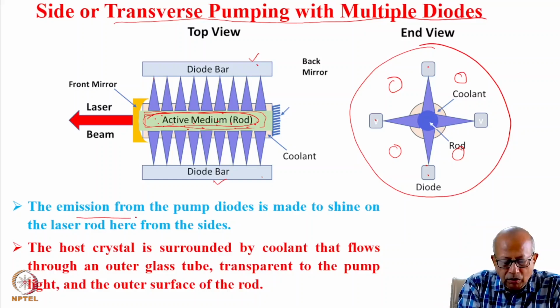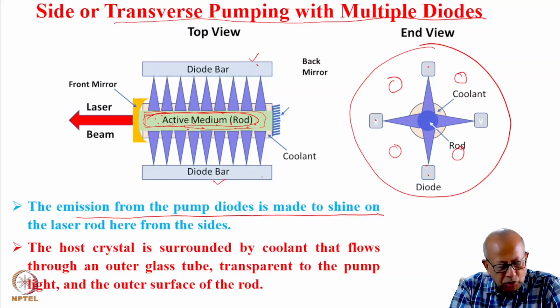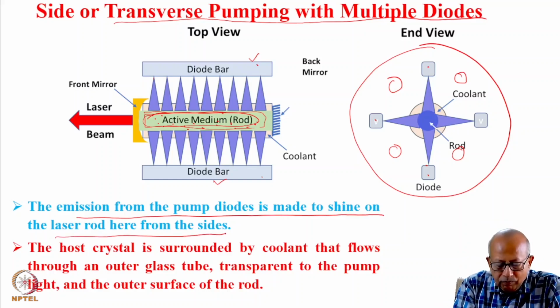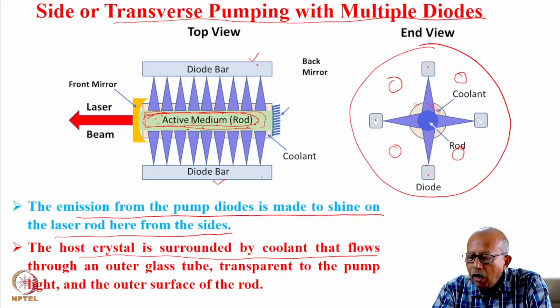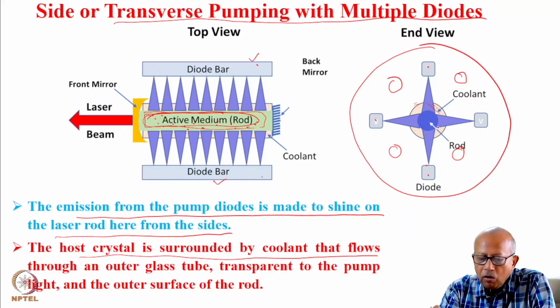So the emission from the pump diodes is made to shine on the laser rod from the sides. The host crystal is surrounded by the coolant. This is the coolant tube, the jacket, which is wound around this laser rod. This is the end view.